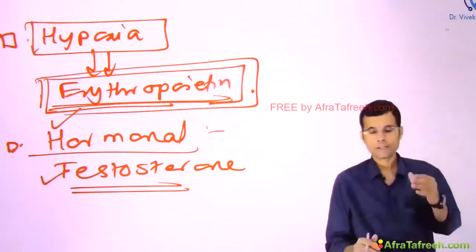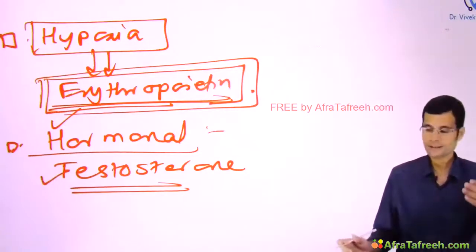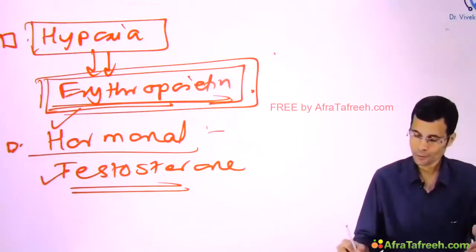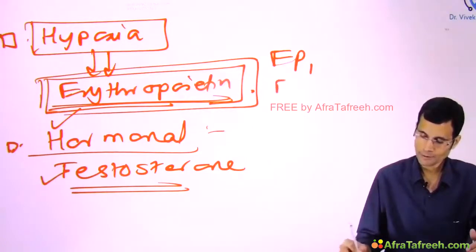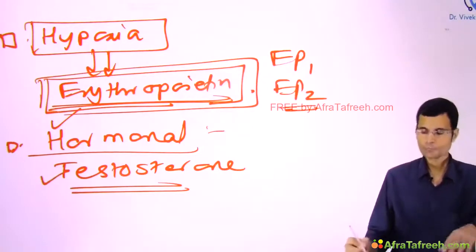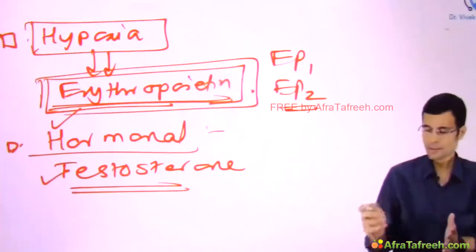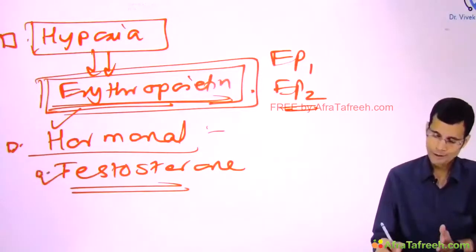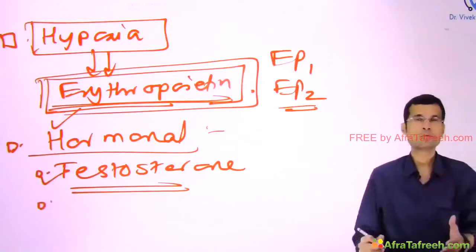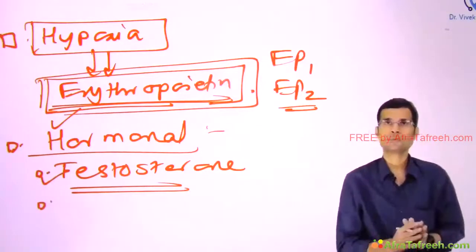Two, it goes to the bone marrow and increases the erythropoietin receptors EP1 and EP2. So, upregulation of erythropoietin receptors in the bone marrow by testosterone. And third, in some unknown way, it directly stimulates erythropoiesis.